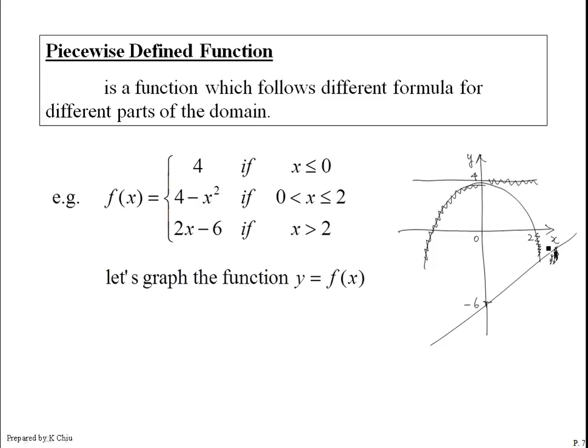And the last formula, when x is greater than 2, we will follow the last one. So once I do that, I'm going to wipe off this. Now, put all this together. How does it look?